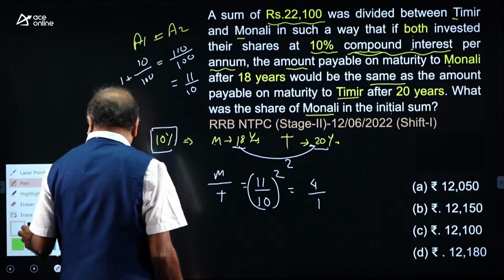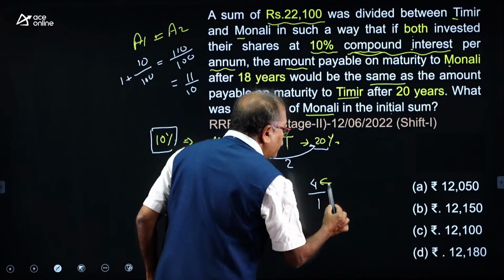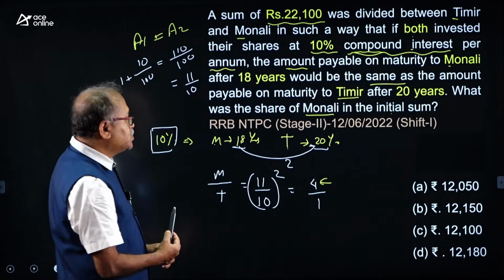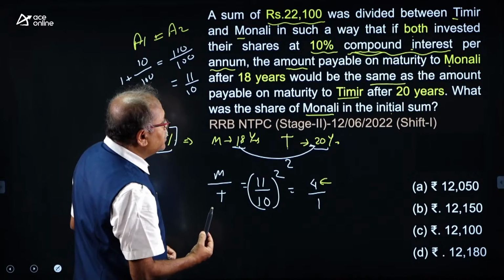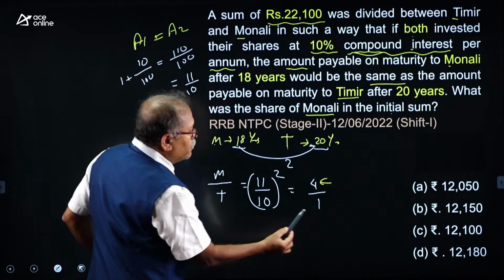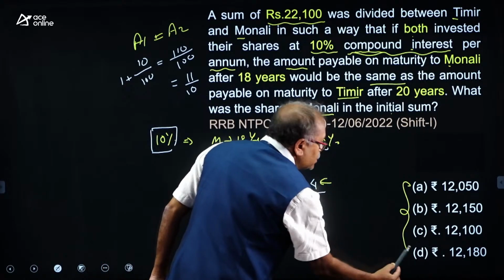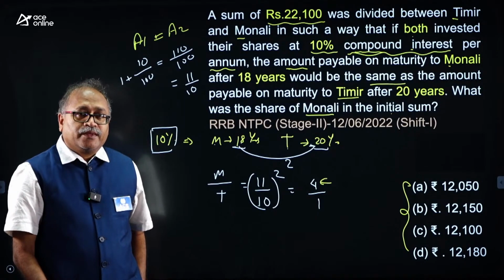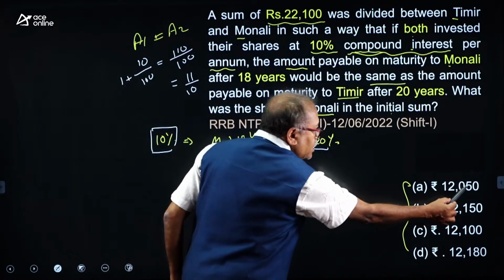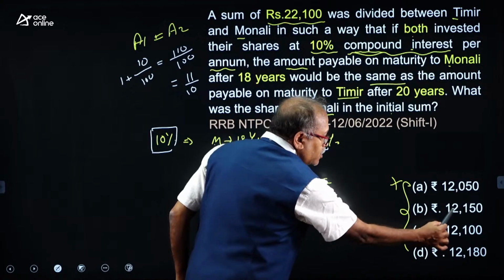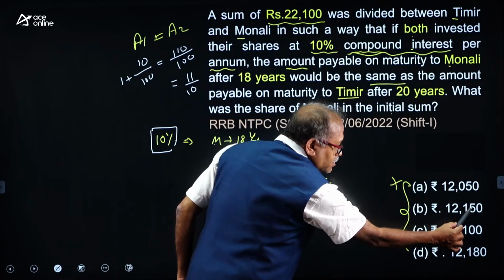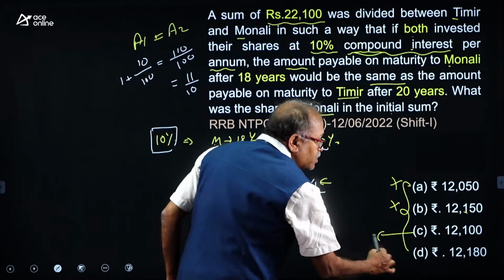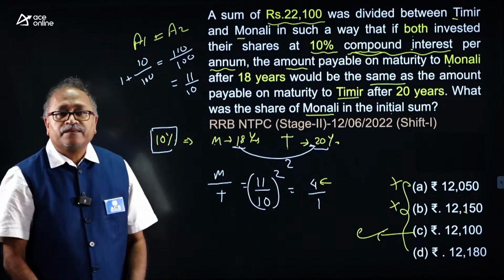So, what is the amount of M? The amount of M will be 4 parts. Okay, so let us find it out. Which option gives us the unit digit sum 4? I notice that A is not, B is not, that comes to 7 and 9, no. This comes to 4, so C is my answer.